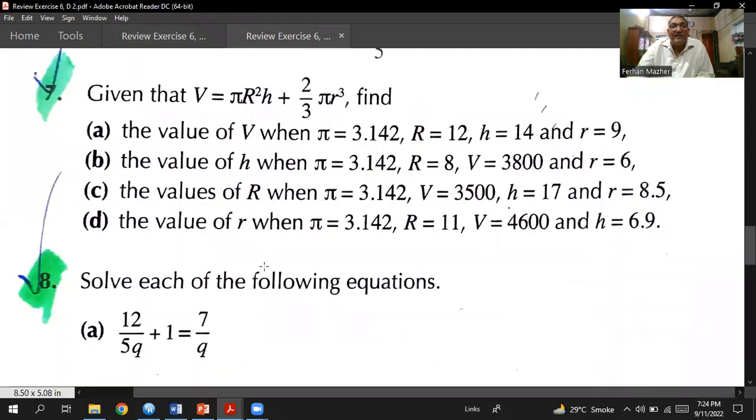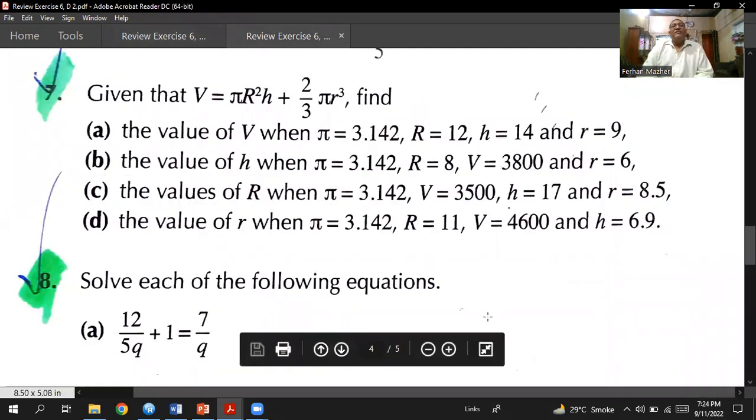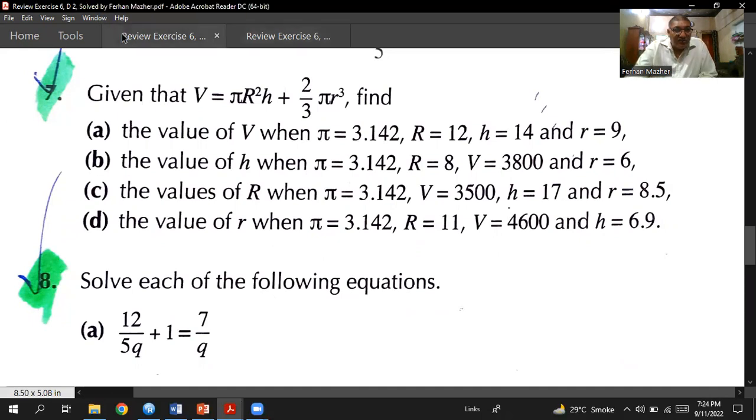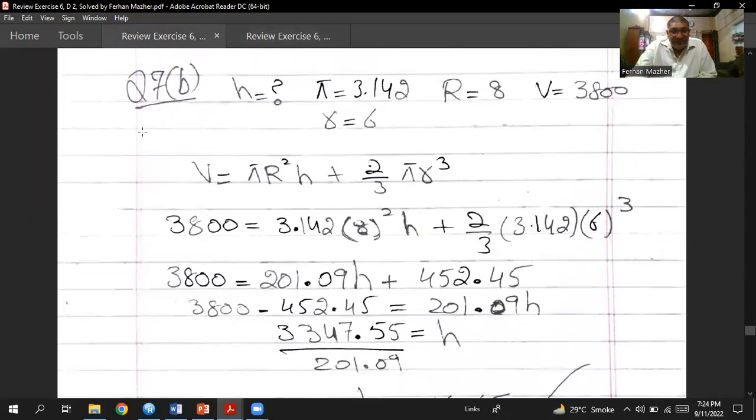We are using a calculator. Okay, so the value of H when pi is equal to 3.142 and R is 8, V is 3800, and r is equal to 6. Okay, so that's the B part. Now H is the question. So we will put the value of V: 3800 equals to pi is 3.142, capital R square is 8 square, so H is the unknown, plus 2 by 3 into 3.142 into 6 cube.